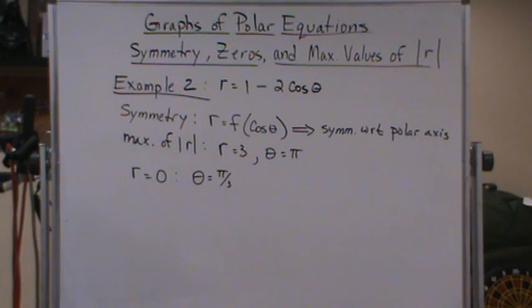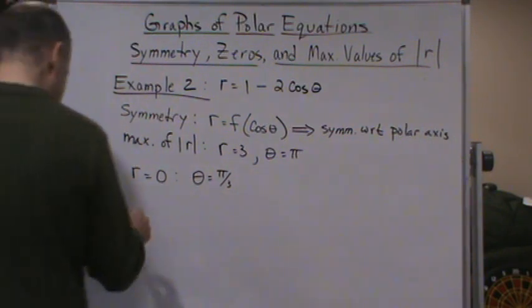So now we know the maximum value is 3 when theta is pi, and r is 0 when theta is pi over 3. And we've got a bunch of other values too that we can find. So let's get the table of values, right?